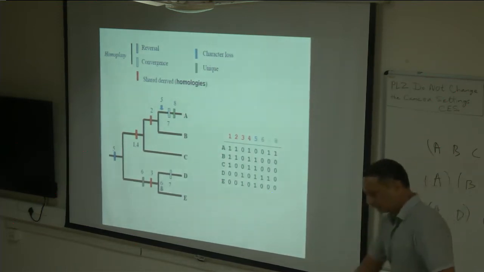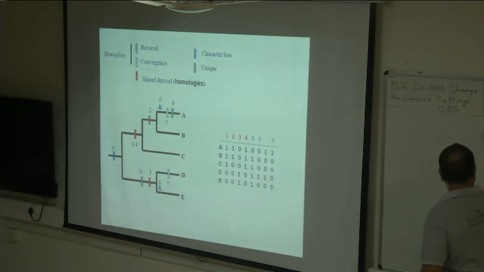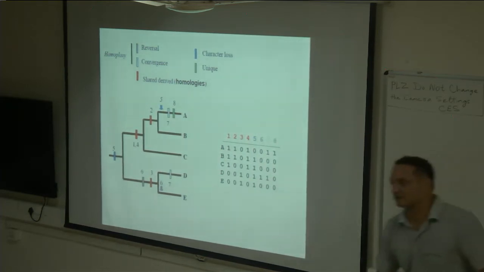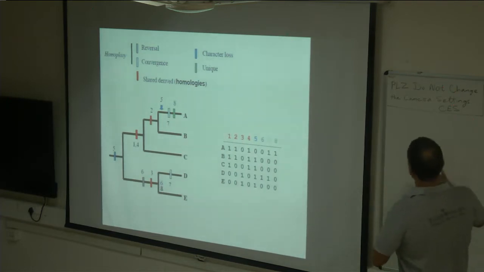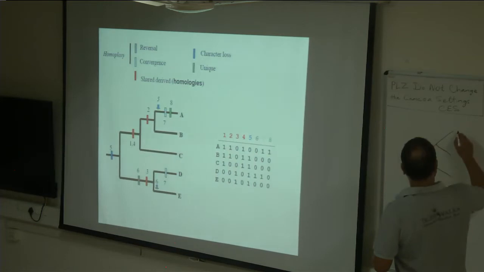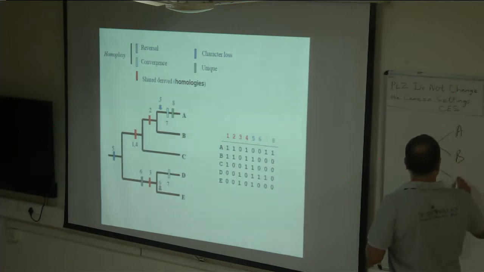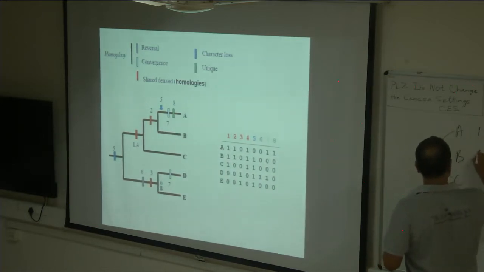What happens is when you have a unique character, wherever you put it on the tree, wherever you put that taxa on the tree, the number of changes does not make a dent. So you can't really pick. So unique change.